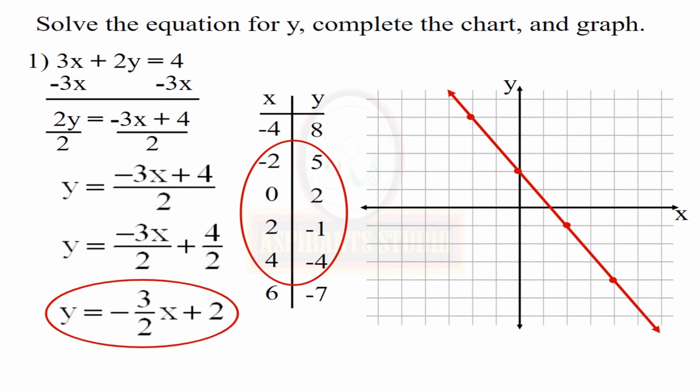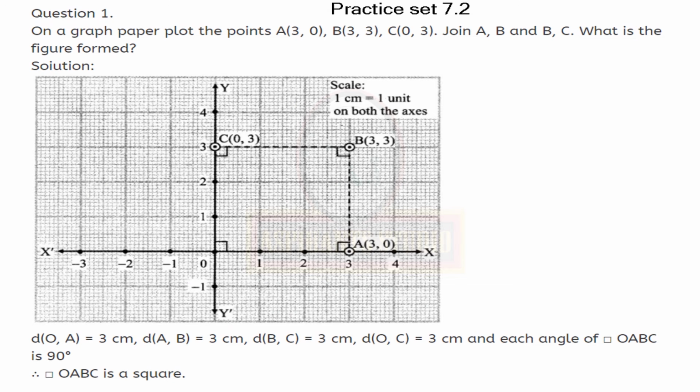Then you join it by a line, because we are going to find the equation of the straight line 3x plus 2y is equal to 4. So you have to join all these points, you will get a straight line, and above that you have to write the equation.